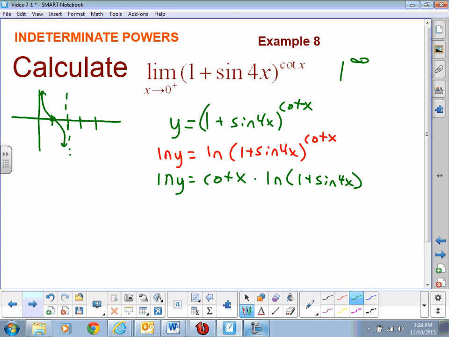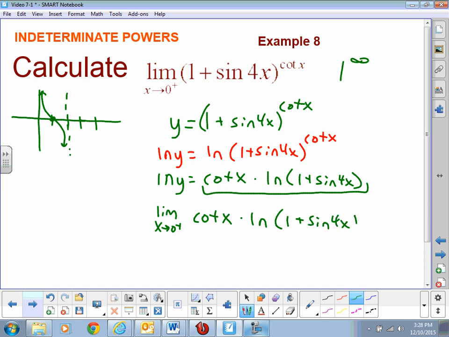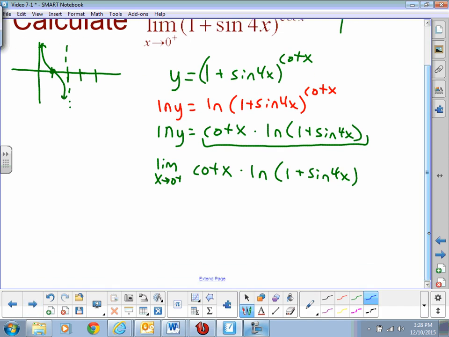So we're really going to find the limit now as x approaches 0 from the right of natural log y, which is this thing. And that's why in the end, when we get our answer, we'll actually have to raise e to it to figure out what our limit of just y really is. So we saw a second ago that cotangent went to infinity.